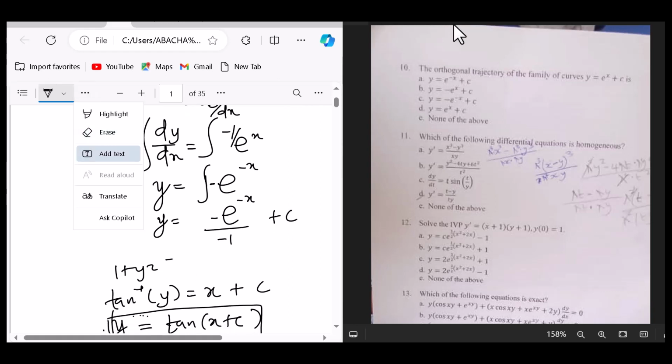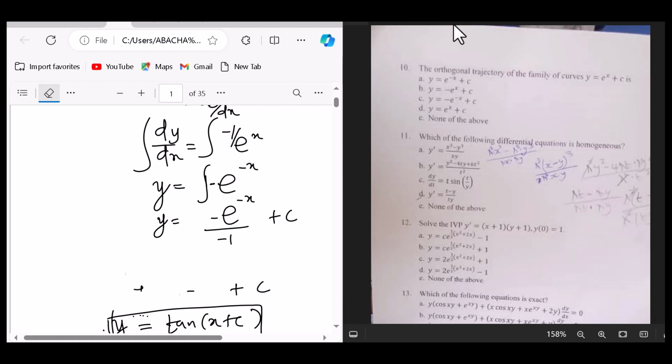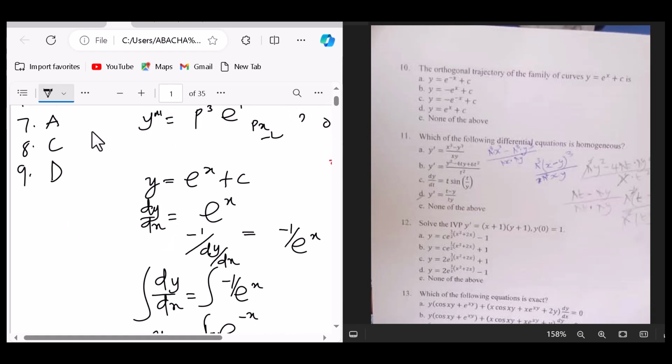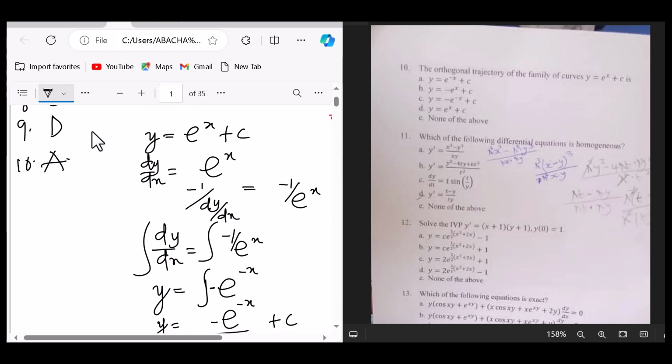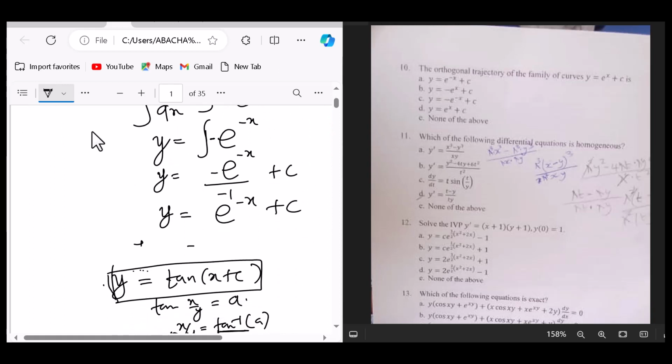And so we will now have y equal to e power negative x plus c, and then the answer will just be A. So number 10, the answer is A. Good. That's all you have to do. You don't need to do any big job.